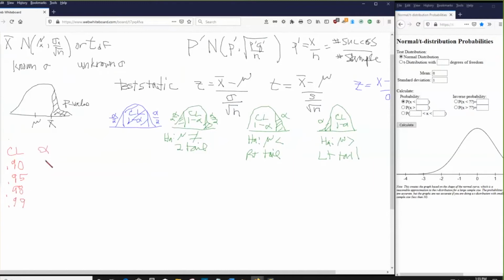Then my alpha would be 0.10, 0.05, 0.02, 0.01.